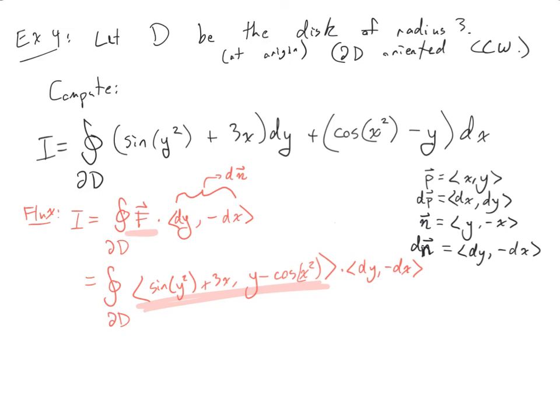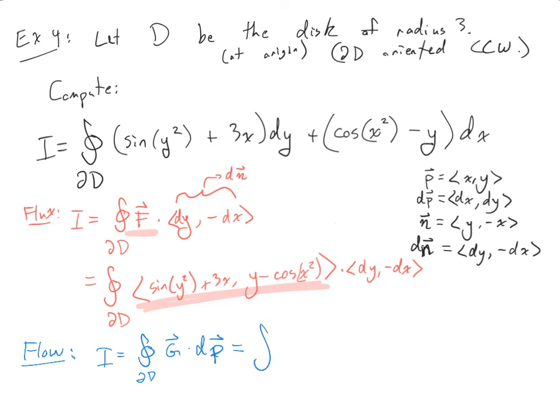I can also compute this as a flow integral. And the flow integral looks more like the line integrals that we were used to before this lecture. It should look like, let's call it G dot dP.